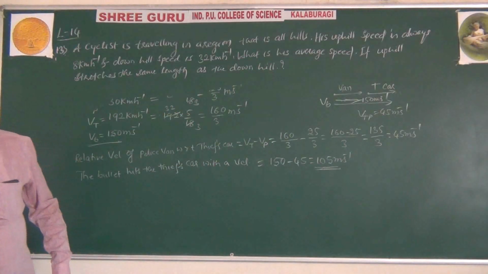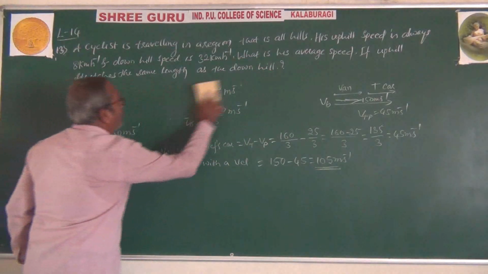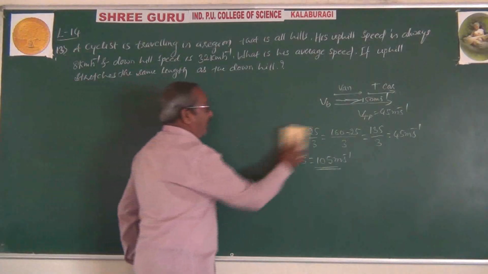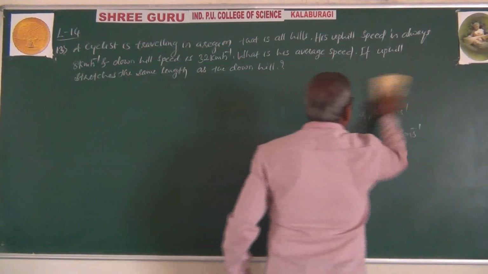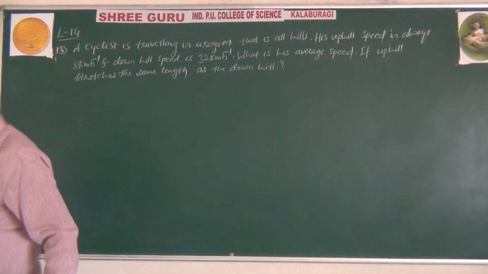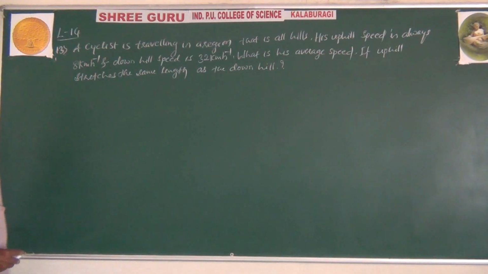Better to read the question carefully and note the given values that you have to substitute. A cyclist is traveling in a region that is all hills.